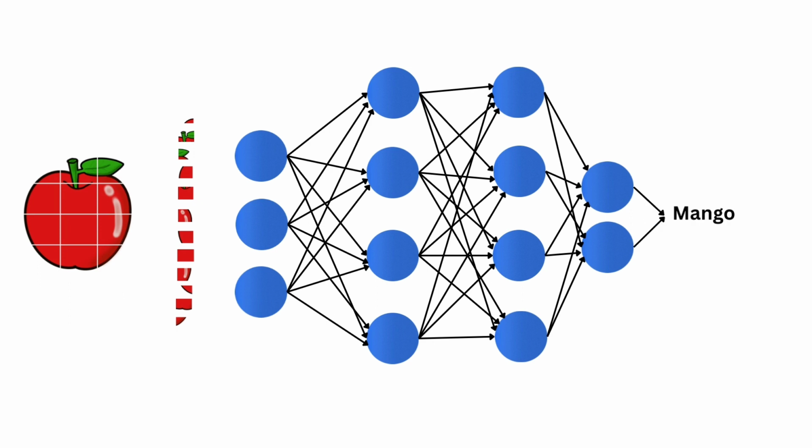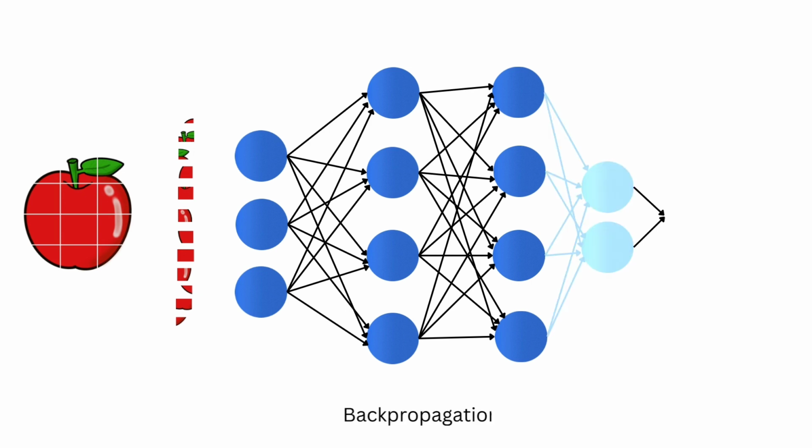After that, the output is generated, which is matched with the already existing label. If the output matches the label, then the new image is fed into the network. If the output is wrong, which is the case here, then the weight and bias values are updated.